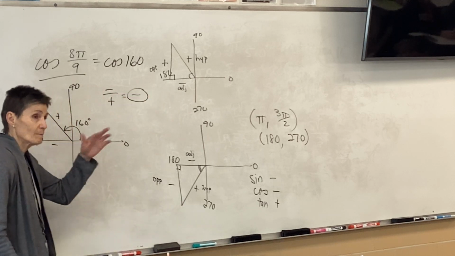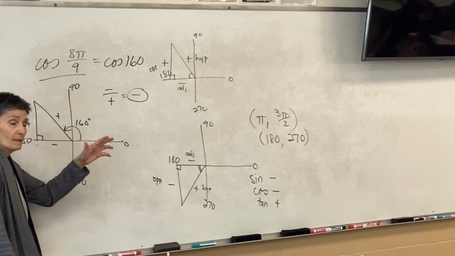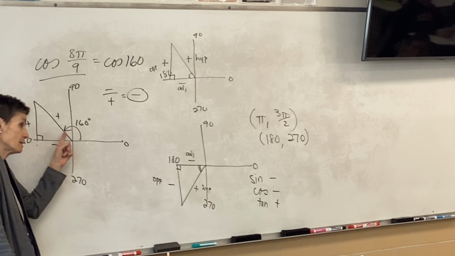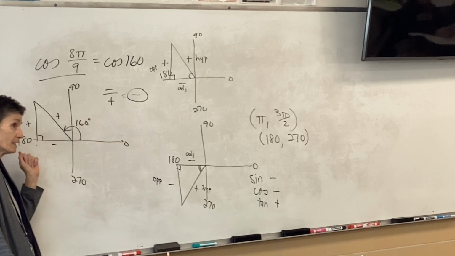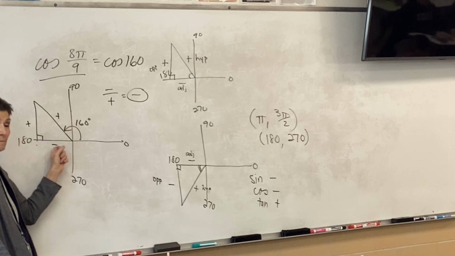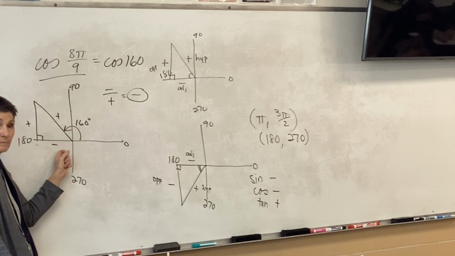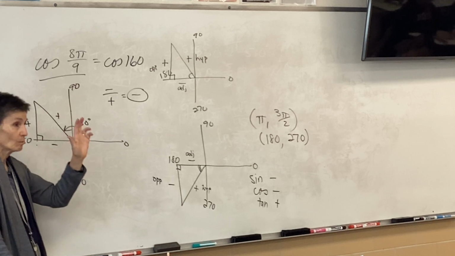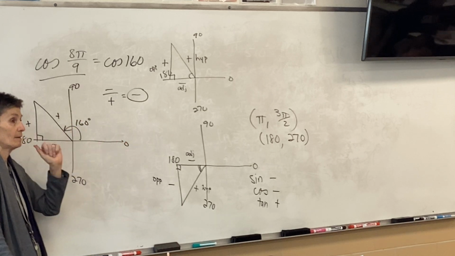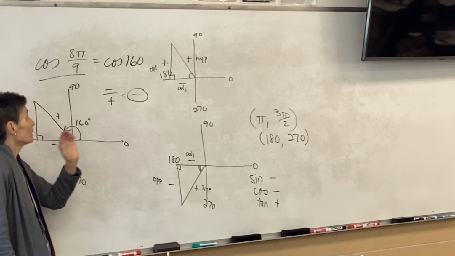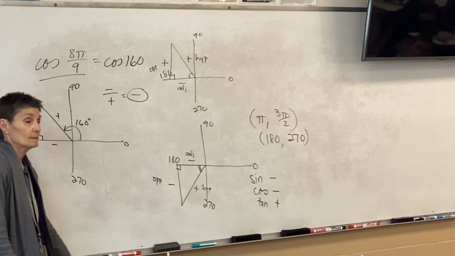All right, let's make sure everybody's up with that. Everybody see why I put 160 here? Everybody see why the cosine is negative? Adjacent over hypotenuse? And that's my question, not what's the number. My question is, what's its sign? Why'd you put 160? 8 times 180 divided by 9.